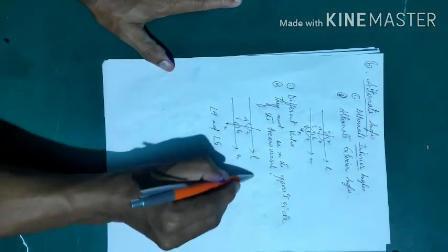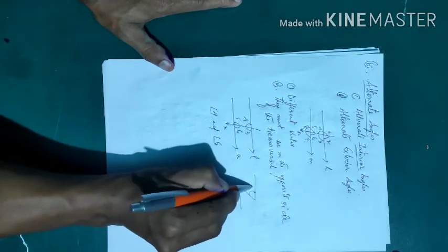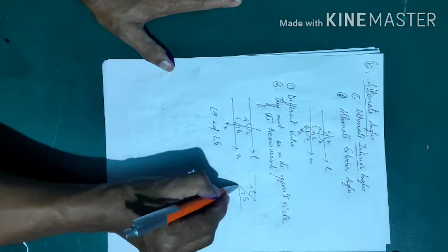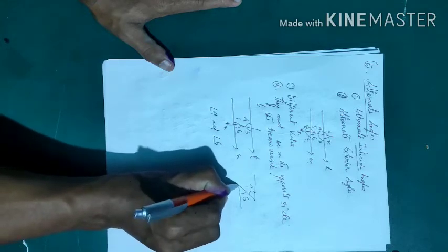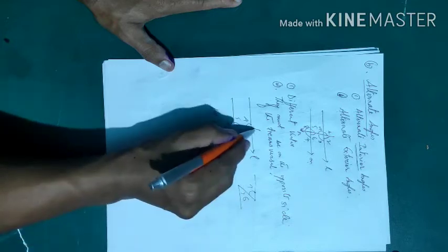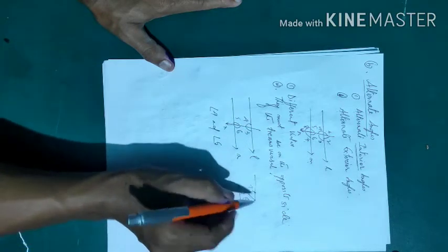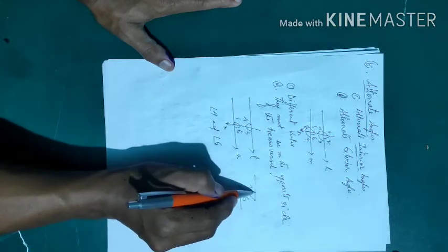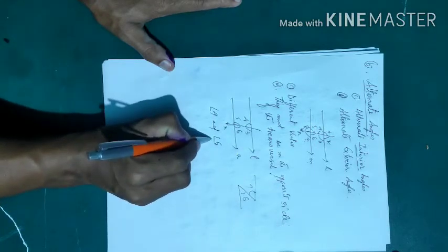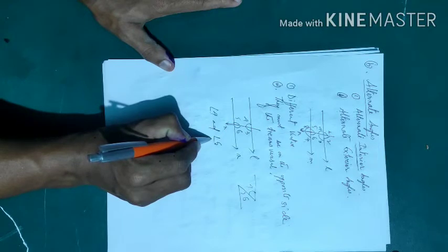Angle 4 is here, angle 6 is here. You can see that angle 4 has a different vertex, 6 has a different vertex. And since this is the transversal line, they are on the opposite side. One is on the left side, one is on the right side. That means these two angles, 4 and 6, fulfill the criteria for being alternate angles.